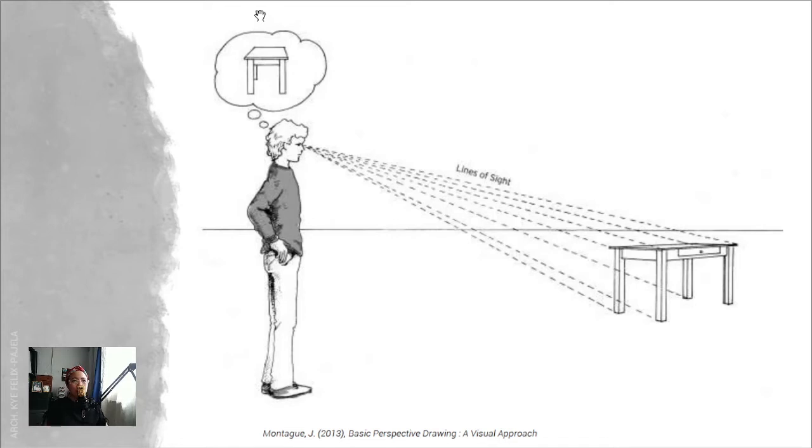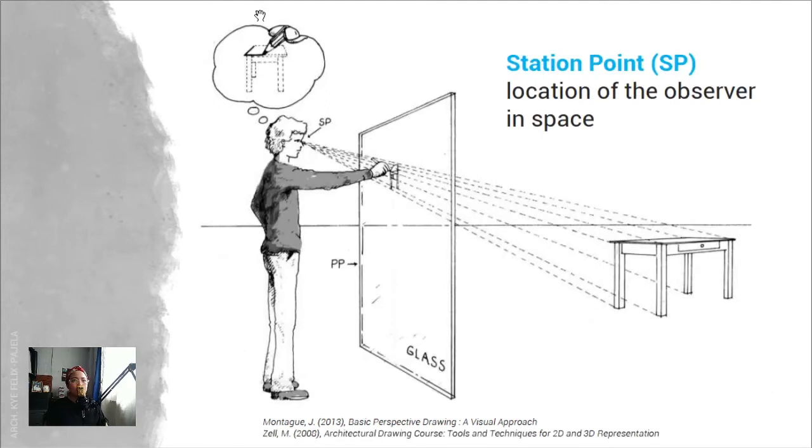Okay? So, how do we translate it into drawing? So, let's define some of the terms. Alright. So, i-define muna natin ano-ano itong mga labels na nakalagay, yung mga terminologies regarding perspective drawings.